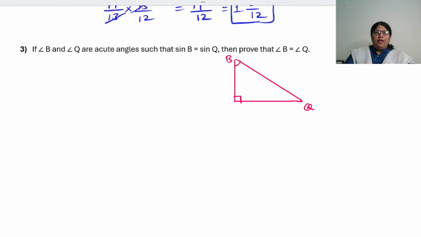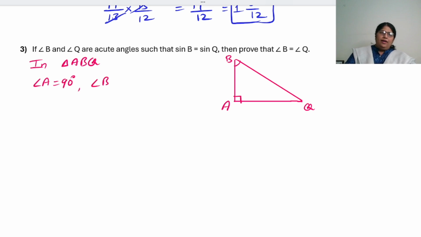Now here B and Q are acute angles such that sine B is equal to sine Q, prove that angle B is equal to angle Q. Now it is not mentioned, so you can give any name. If I give angle A as 90°, you can write down here in triangle ABQ, angle A is 90° and angle B and angle Q are acute angles.